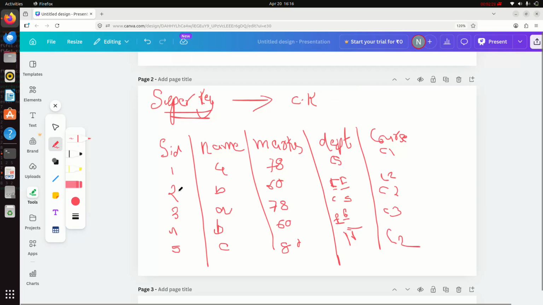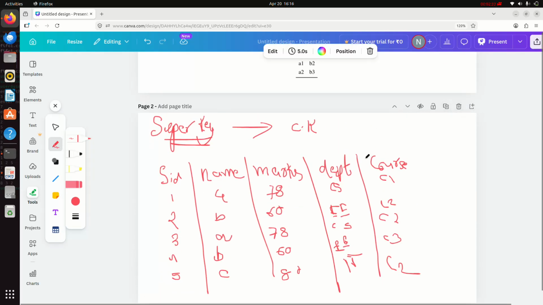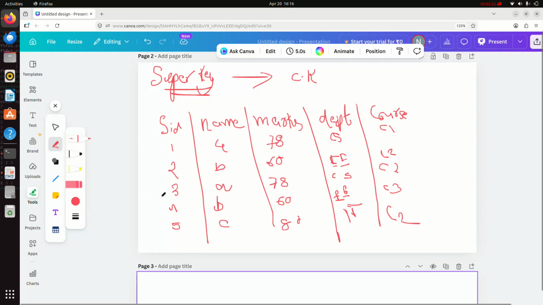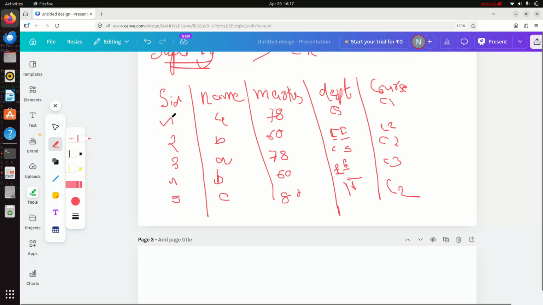Now a super key can be an attribute or a set of attributes that can identify this relation. If I say SID can uniquely identify this relation, when I say SID number 1, can I get the data of one record only? Everything, name, marks, department, yes. When I say 2, can I do that? Yes.